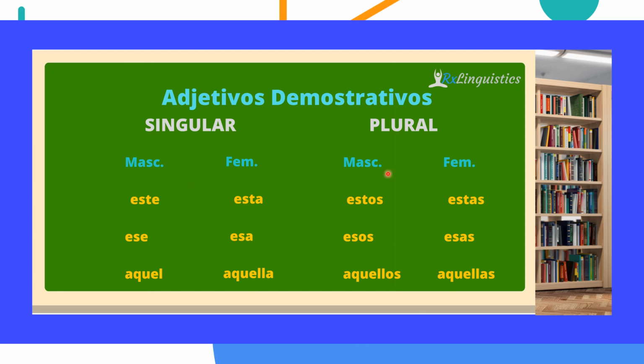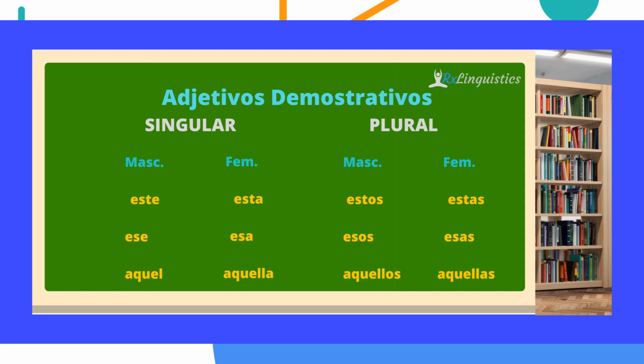So total 12. So repeat after me: este, ese, aquel, esta, esa, aquella, estos, esos, aquellos, estas, esas, aquellas.